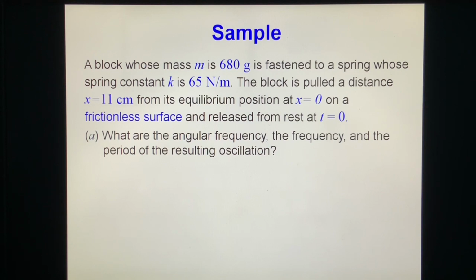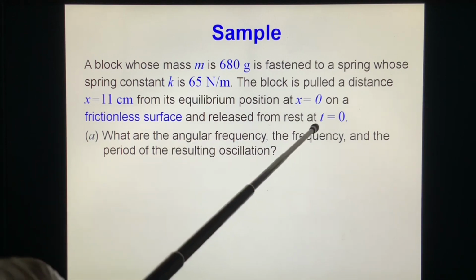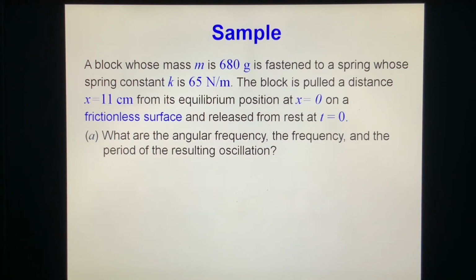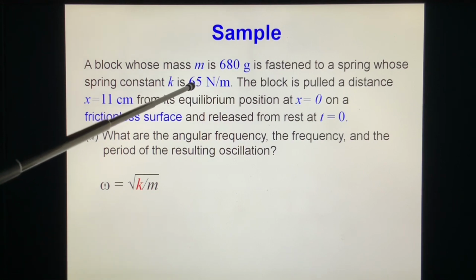We said before, angular frequency, frequency, and the period are related with each other. So once we know one, we can find the other two. By definition, omega equals the square root of k over m. In this question, k is 65, m is 0.68.